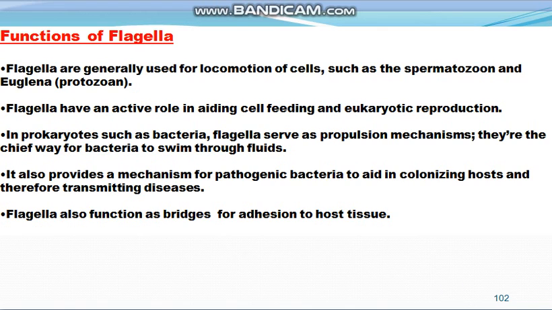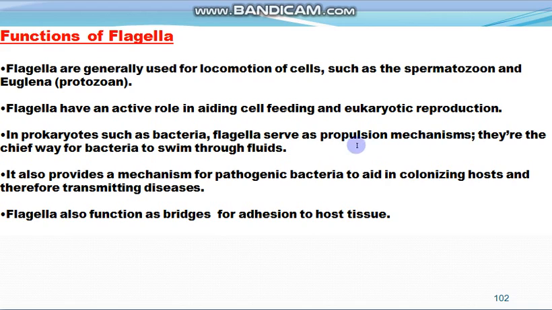And then functions of flagella. Flagella are also used for locomotion in cells such as spermatozoa and euglena. Flagella have an active role in aiding cell feeding and eukaryotic reproduction. And in prokaryotes such as bacteria, flagella serve as a propulsion mechanism, that is, movement.